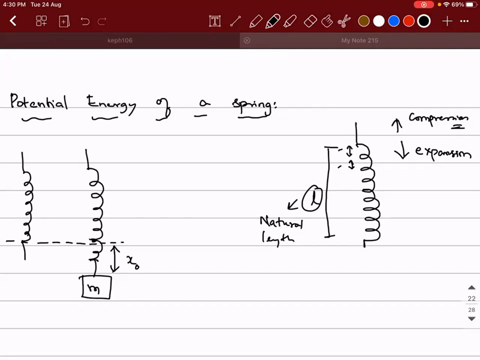Now, if you remove this block, what will happen? The spring will go back to its natural length, provided it is not expanded beyond its elastic limit. Now the question is, how is it able to regain its shape?